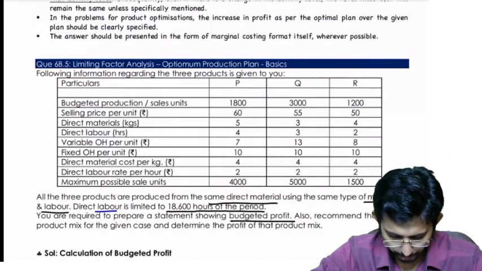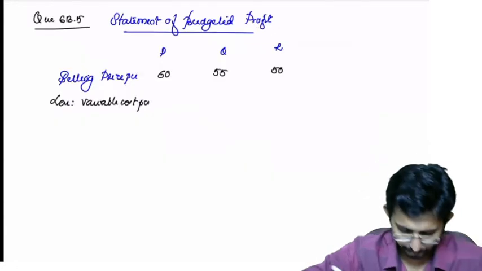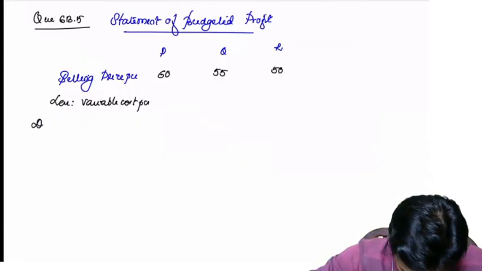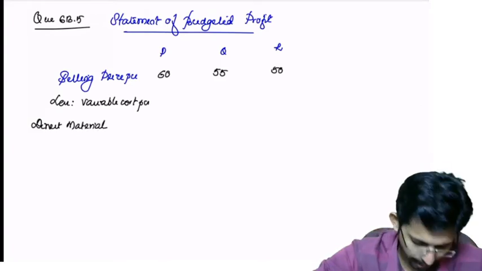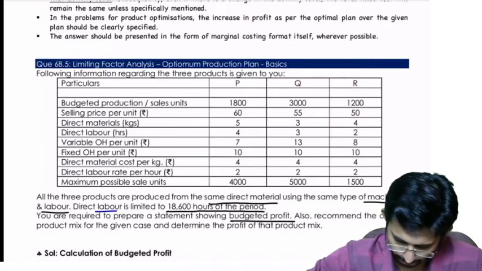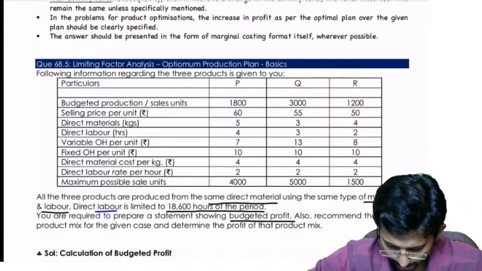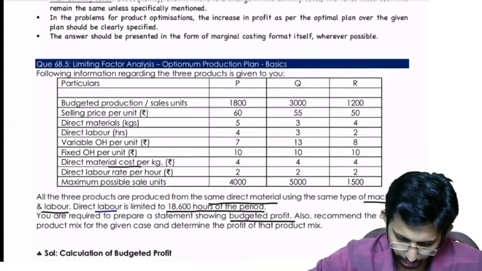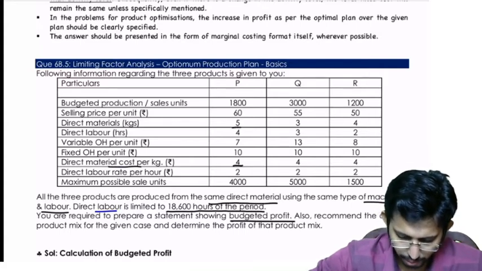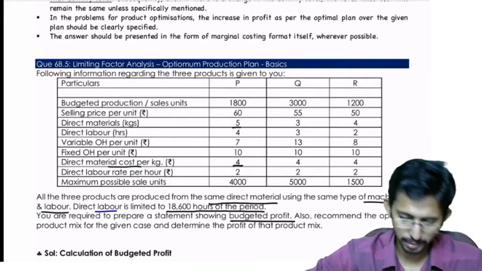It's given component wise. Direct material. What information do you have? Material kilogram is given and the direct material cost per kg is also available. So kilogram per unit multiplied by the cost per kg will give you the cost per unit.